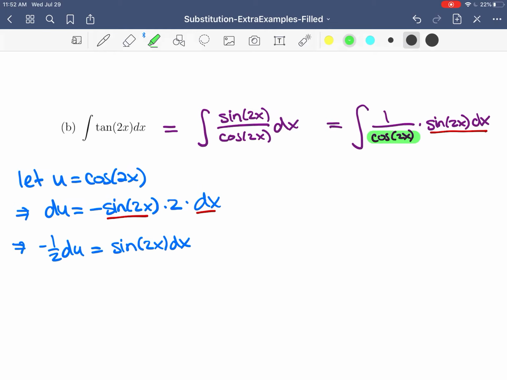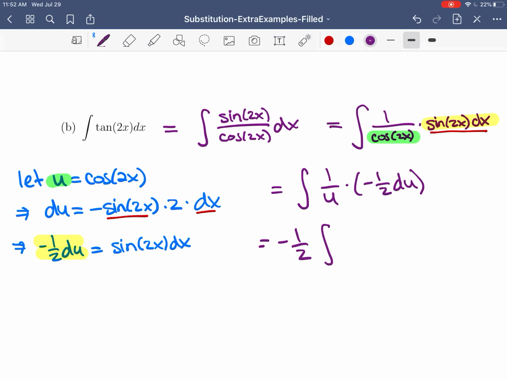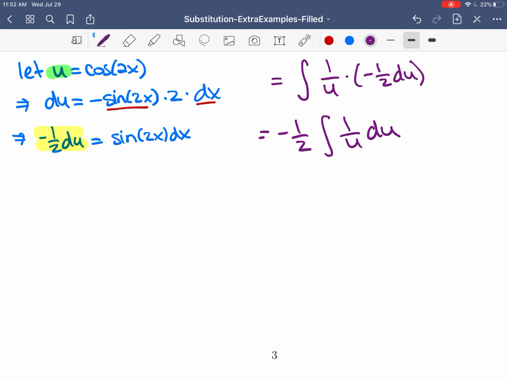Okay, and now I know how to substitute. So this cos of 2x is my u, and sine 2x dx I'm going to replace with negative 1/2 du. So my integral is going to become 1 over u times negative 1/2 du. So I can pull out the negative 1/2, and then I have 1 over u du, which we've had a couple of times already.